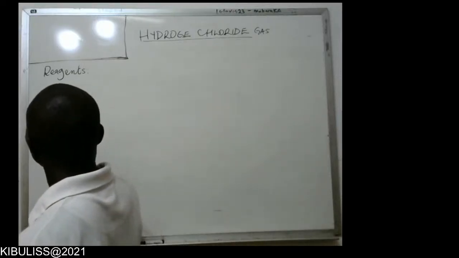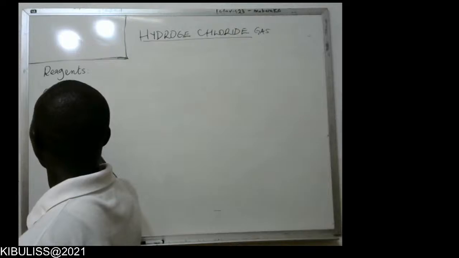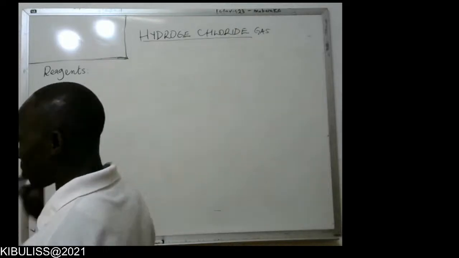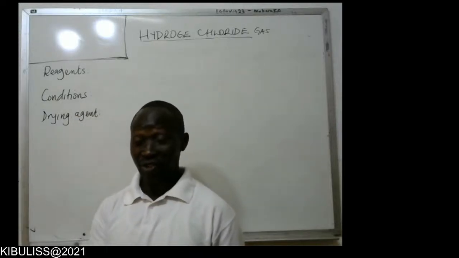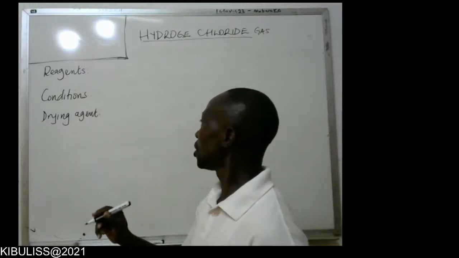We must be in position to state the method of drying. We must identify the drying agent. And as usual, we have questions to answer when it comes to a choice of a drying agent.